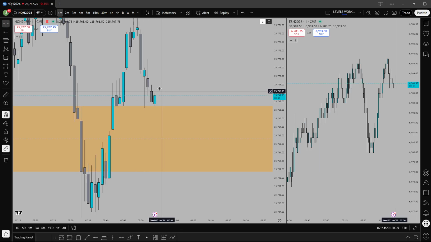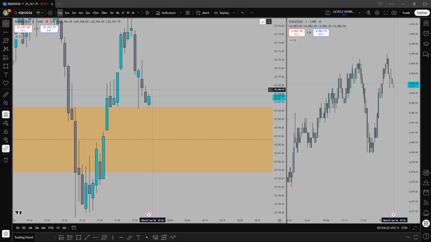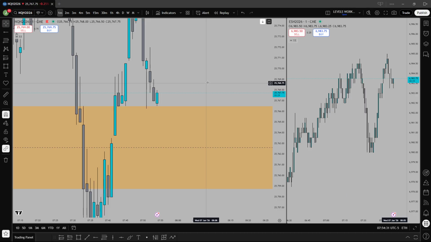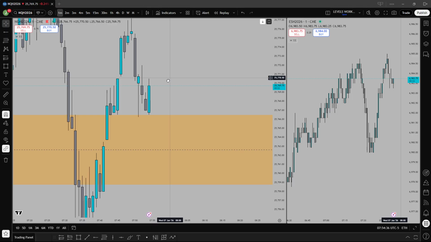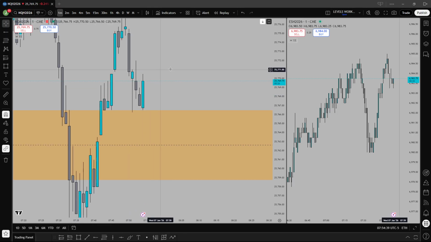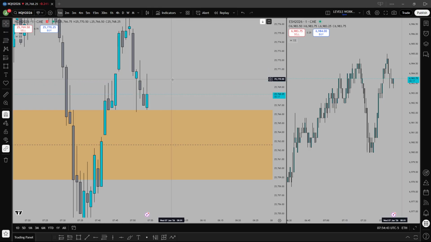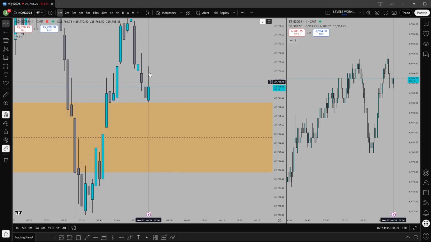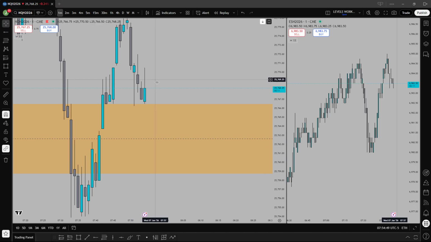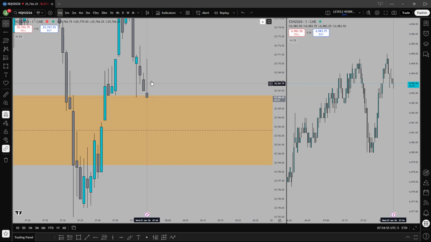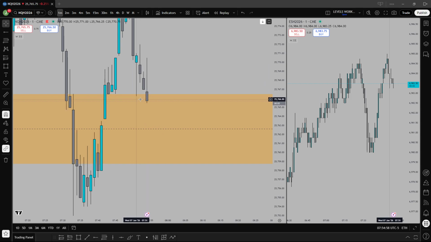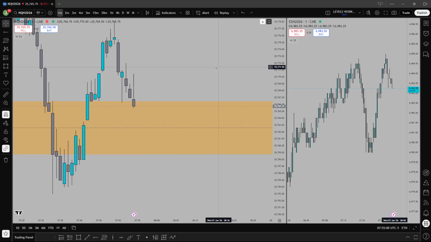Little volume imbalance. If it taps here, then I want to see instant rejection to this level. Like it. That's what we wanted to see.